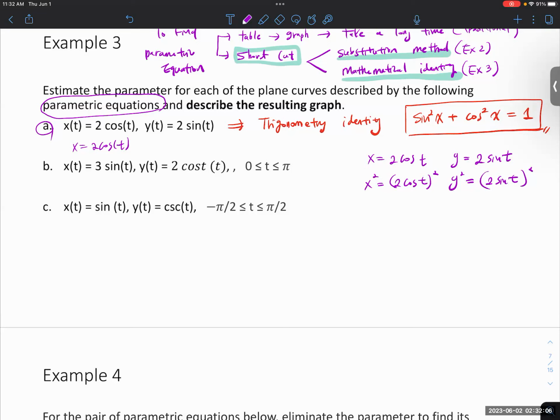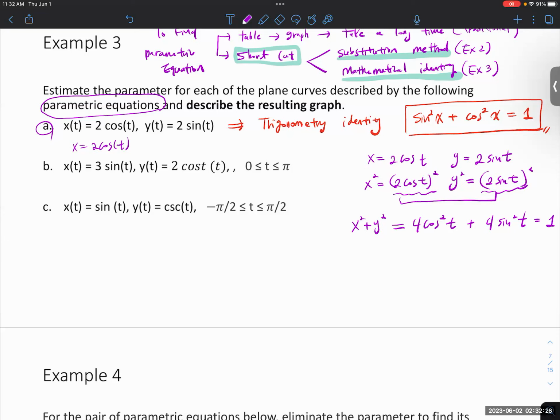So what does it mean? I can modify this since we know x squared plus y squared is 1. Therefore, this is going to be 4 cosine squared t. This is going to be 4 sine squared t. Should be also 1. Does it make sense to you?